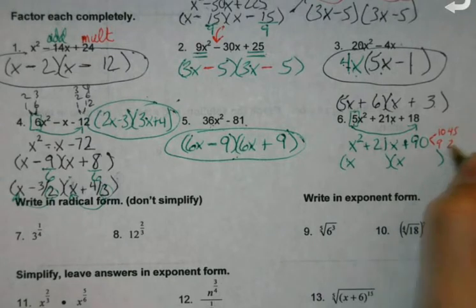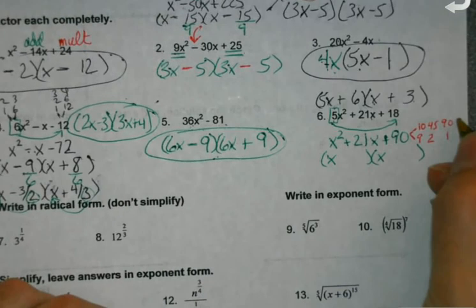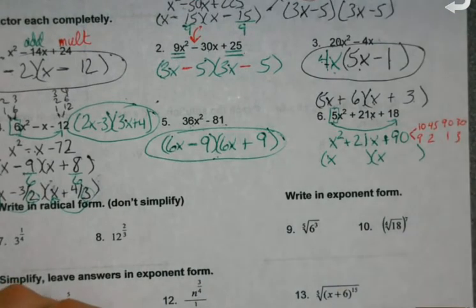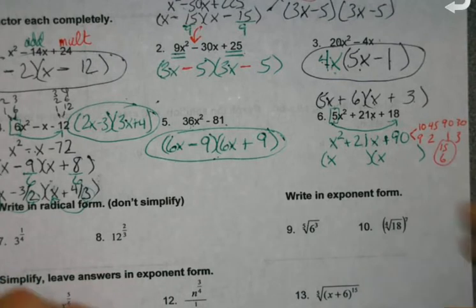We have 45 and 2. 90 and 1. They're like, oh, sorry. 30 and 3. They're like, why aren't any of these working? What the heck? We're getting close. Oh, don't stop on me now. 15 and 6. Ding, ding. We have a winner.